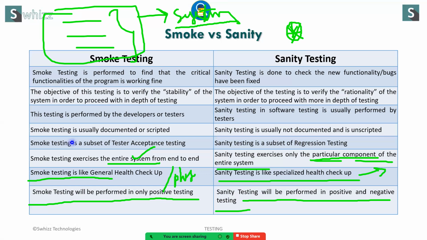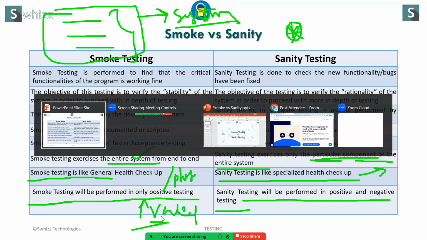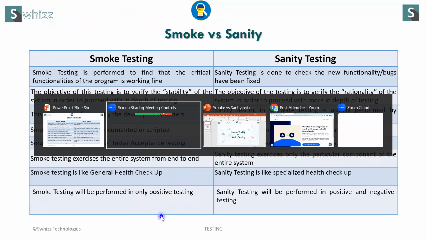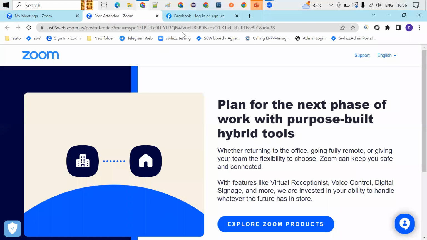For that you execute some test cases, and in those you use only valid test data. First we have to verify that the particular module is working fine or not. That's why I'm saying smoke testing uses only positive testing.